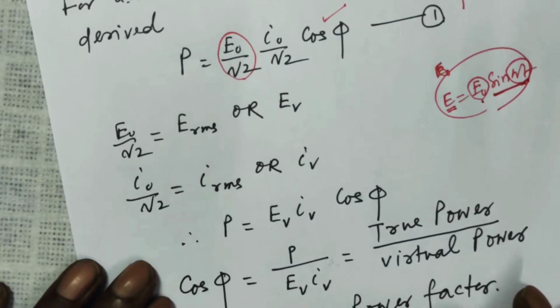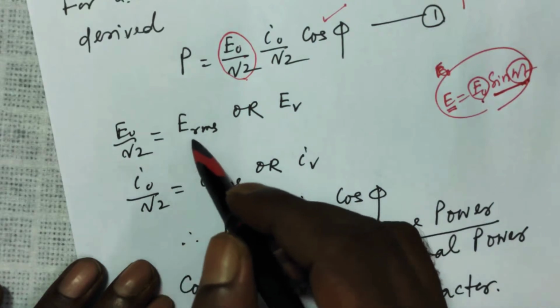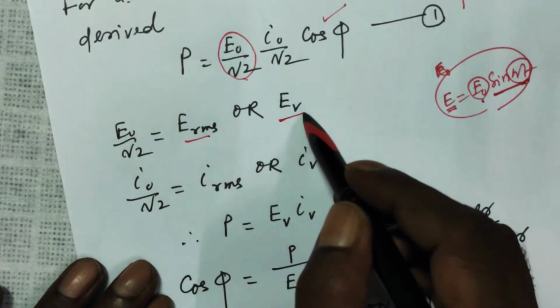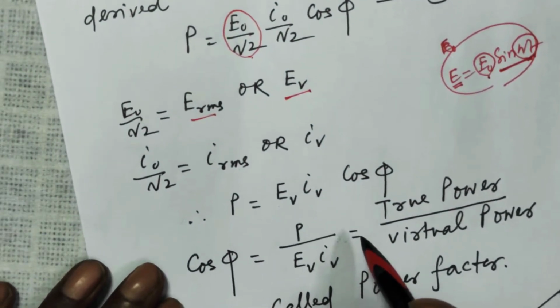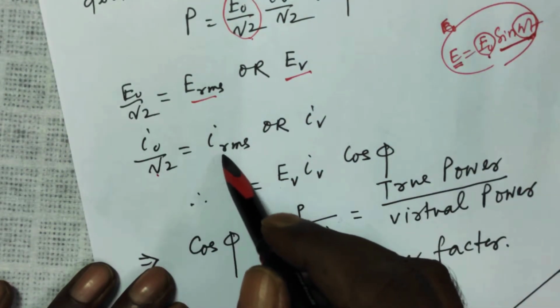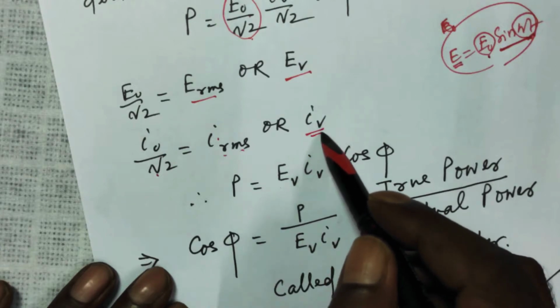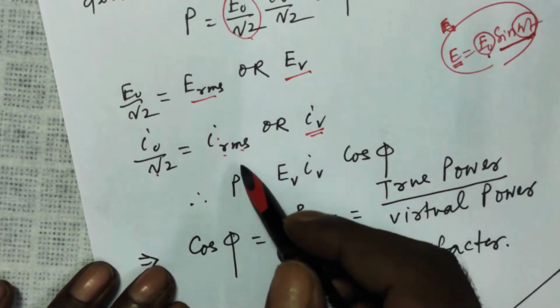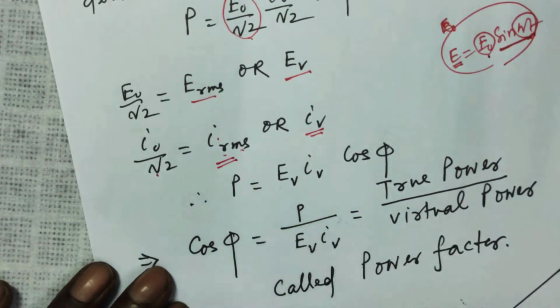And we had also derived E naught over root 2 was called the ERMS or the virtual voltage. Similarly, I naught over root 2 was called the RMS current or the virtual current. This was also defined in terms of how much heat a resistance can produce in a time t, as is done by some constant current.